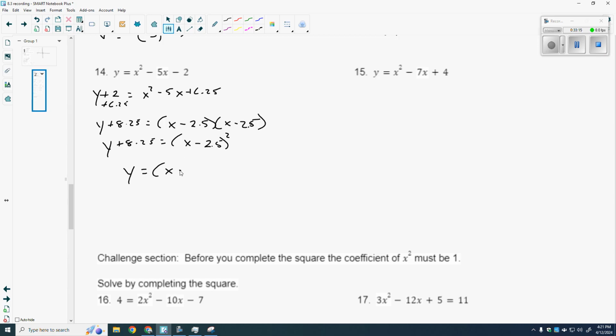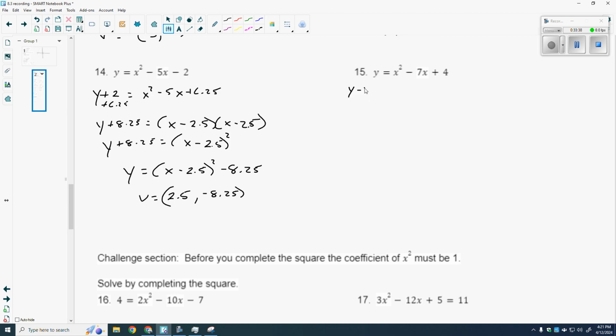Subtract the 8.25. And we're done. No, we're not done. Vertex, 2.5, opposite for the x, and negative 8.25, same for the y.